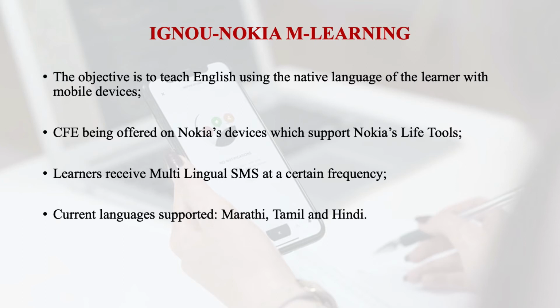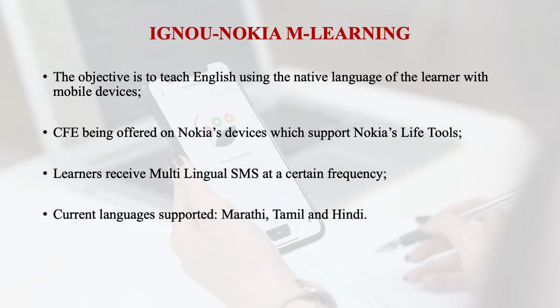And of course, such mapping may not perfectly equip you with fluent English speaking, but definitely you will be acquainted with functional English. Initially, Marathi, Tamil, and Hindi were supported under this particular project.